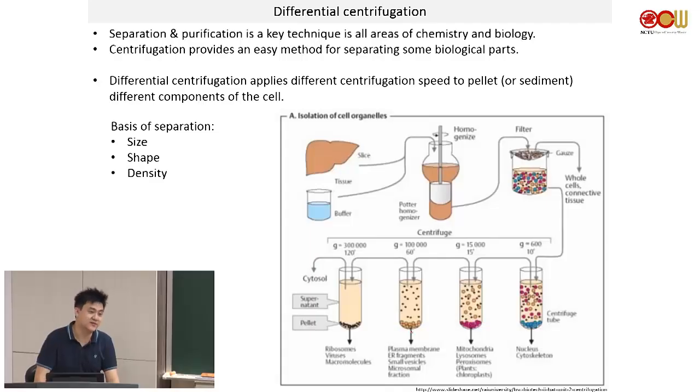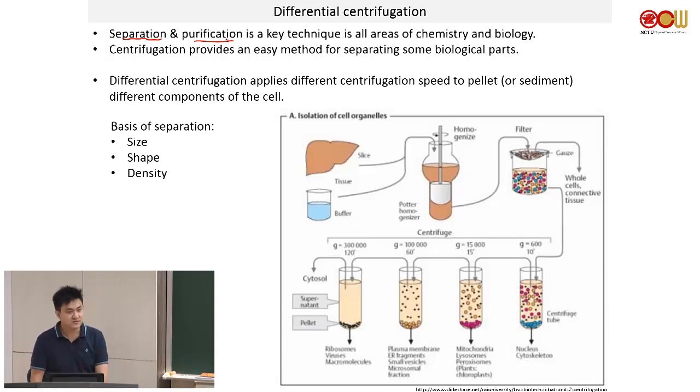Cool? All right. So very briefly, I want to talk a little bit about centrifugation, because centrifugation is very important in all aspects of biological research, especially this thing called differential centrifugation, right? Separation and purification is a key technique in all areas of chemistry and biology.